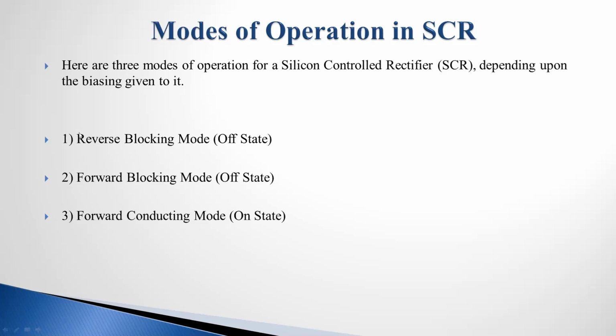RBM means reverse blocking mode, FBM means forward blocking mode, and FCM means forward conducting mode. The SCR operates in these three modes.